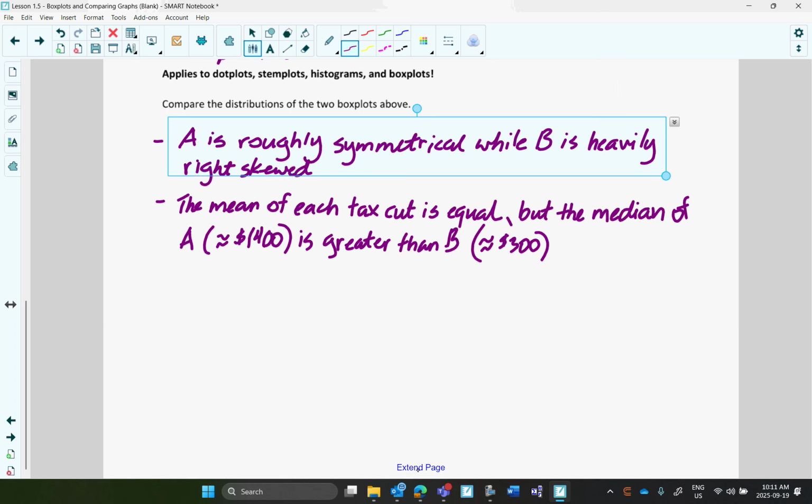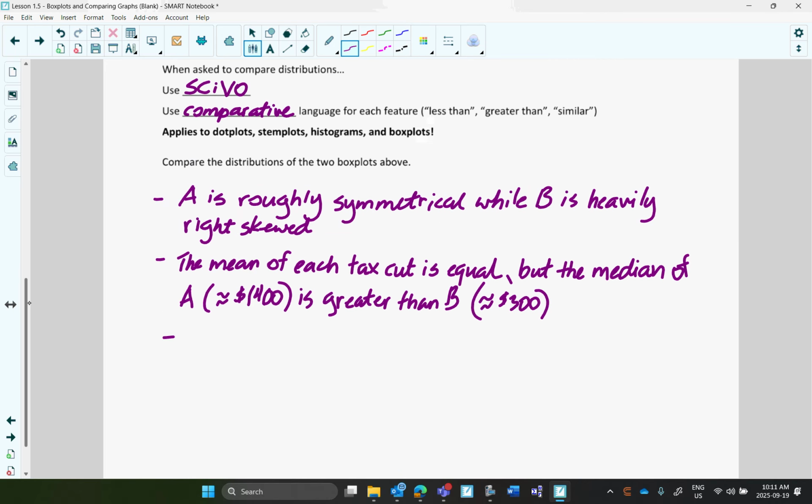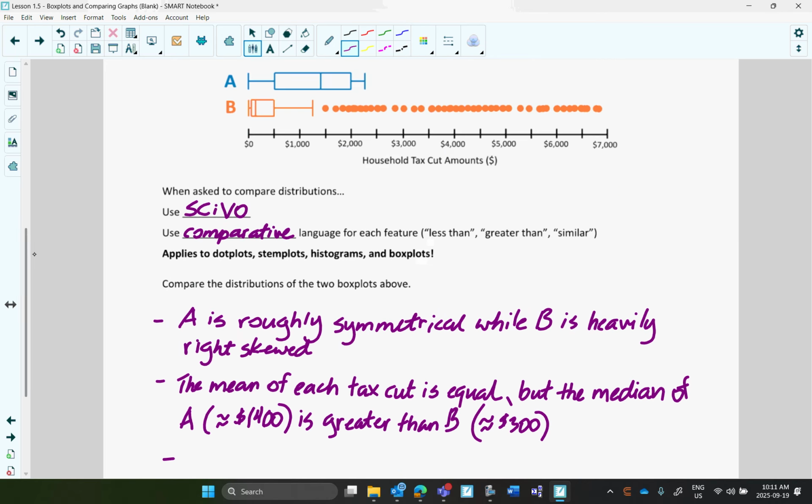Variability. Which one's more spread out? Well, I don't know the standard deviation, so I can't compare that. But I do know the IQR, approximately. Which one looks more spread out when you look at their IQRs, or the ends of the rectangles? A is more spread out.